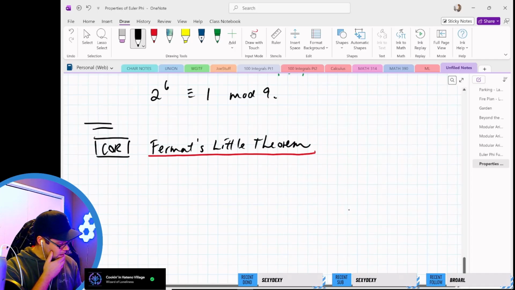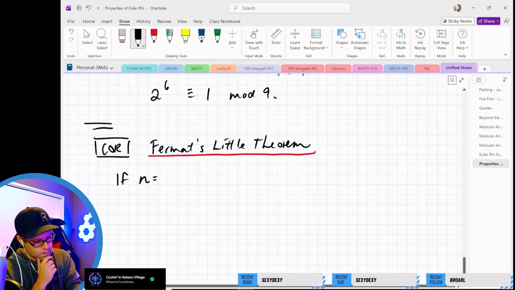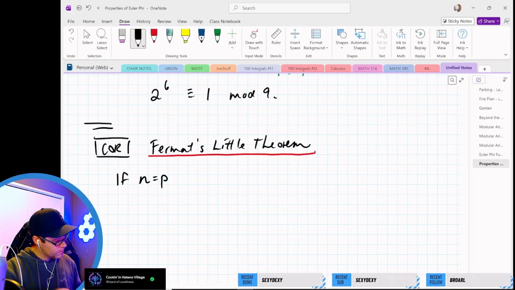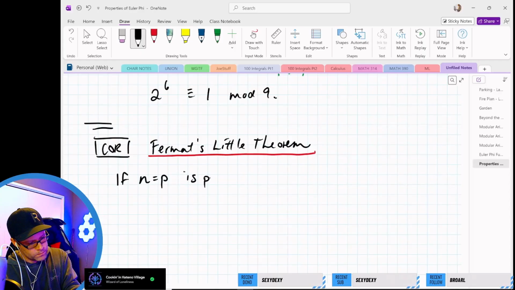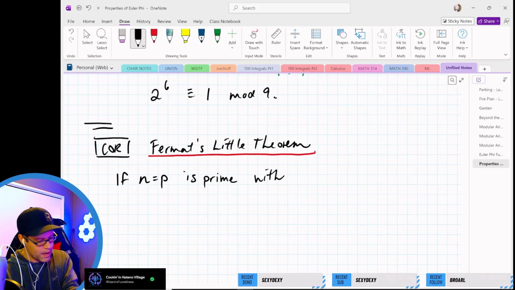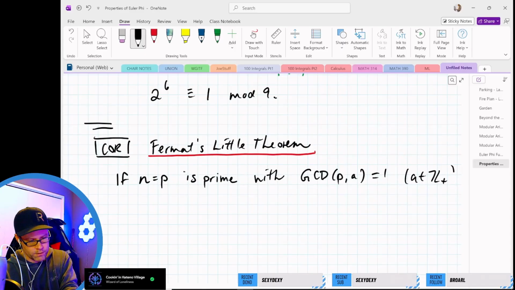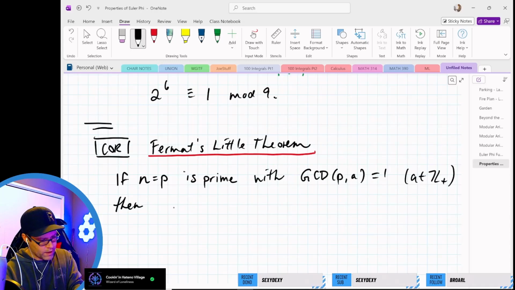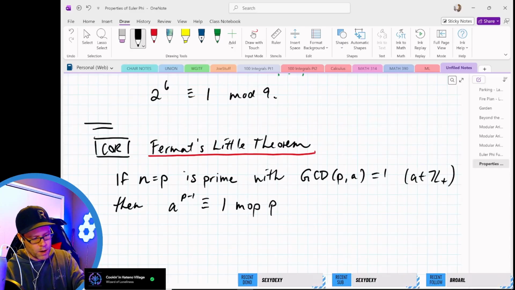So Fermat's little theorem says the following: if p is prime, and we pick some other a, so we have the GCD of p and a is 1, where a is any positive integer, because that's what we've been talking about so far.